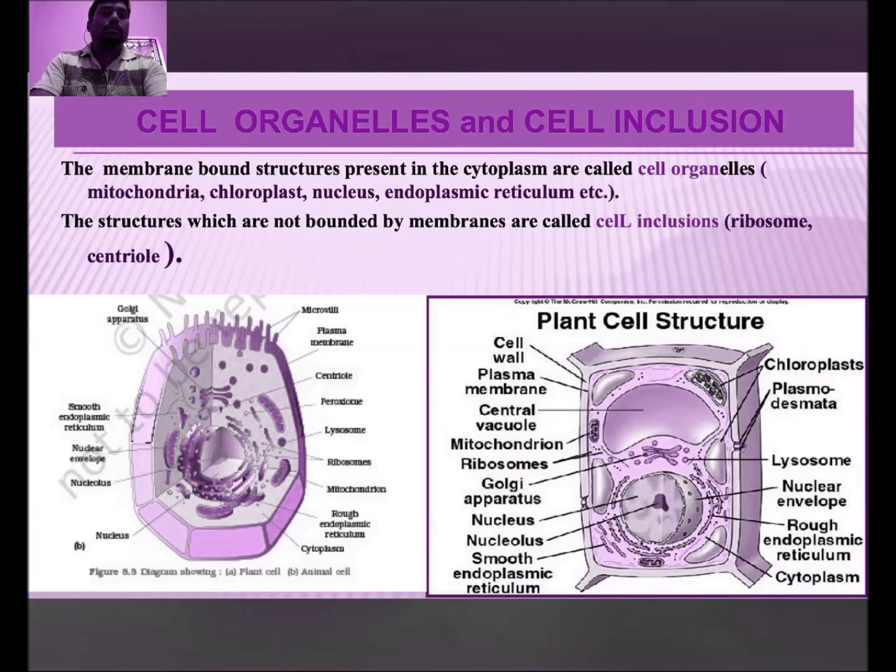The membrane bound structures present in the cytoplasm are called as cell organelles like mitochondria, chloroplast, nucleus, endoplasmic reticulum, etc. And the structures which are not bounded by membrane are called as cell inclusions like ribosomes, centrioles, etc. So we'll study them one by one.